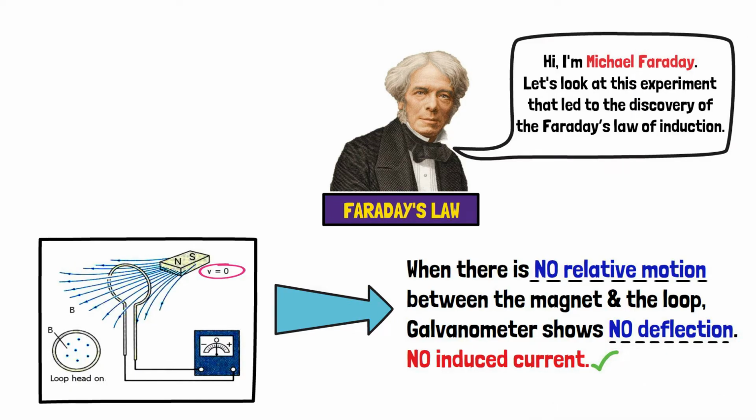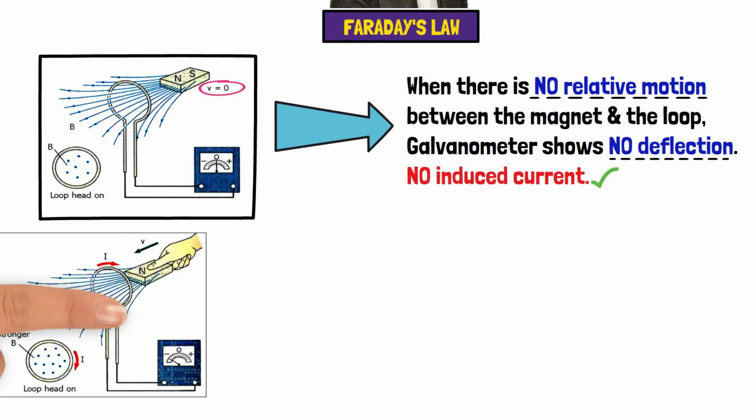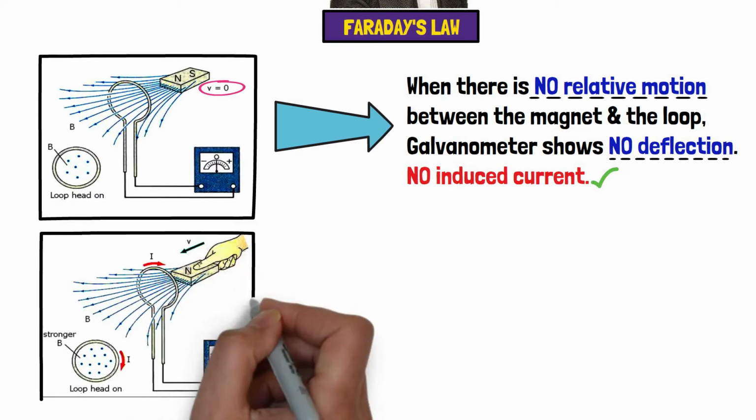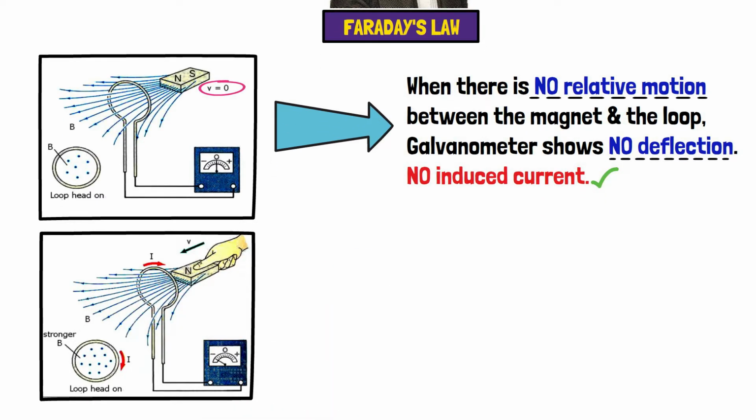So sekarang kita beralih pula pada gambar rajah yang kedua. Kali ini kita mulakan dengan pergerakan bar magnet mendekati ke arah coil tersebut. Tadi v is equal to 0 pada gambar rajah yang pertama, bermakna bar magnet itu tidak bergerak. Pada gambar rajah yang kedua, bar magnet itu bergerak mendekati coil tersebut.